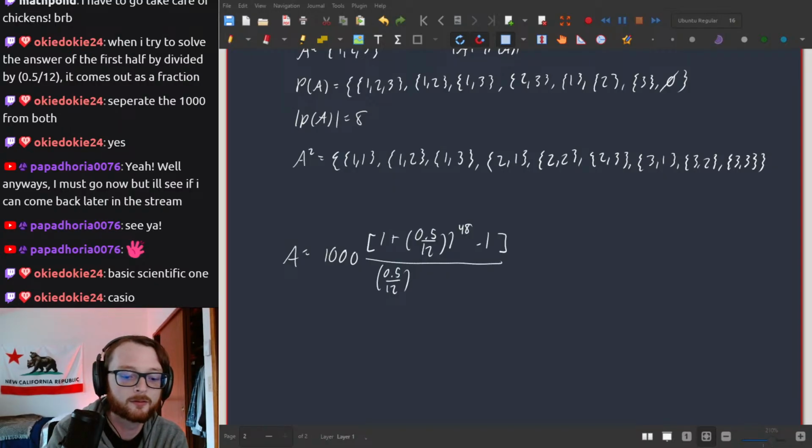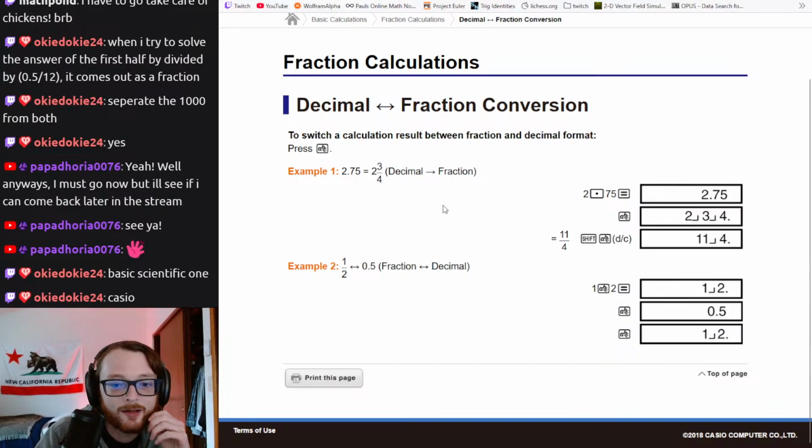Okay. Maybe you have buttons that look like this? I guess they have a little fraction button there.